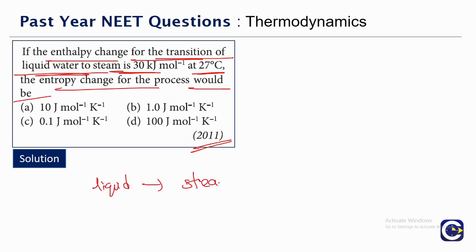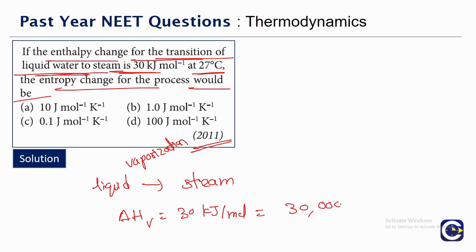What is this? Evaporation. So delta H evaporation is what? 30 kilojoules per mole. We can write it as 30,000 joule per mole. 30 kilojoules means 30 into 10 power 3 joule per mole.